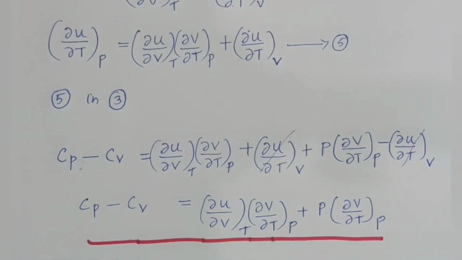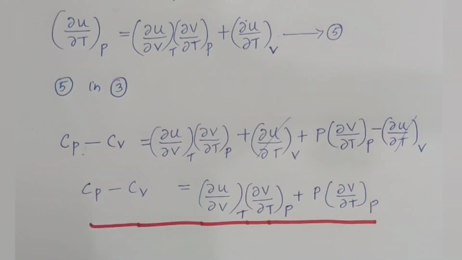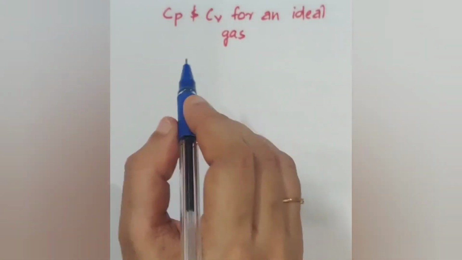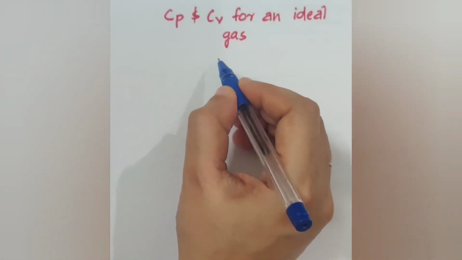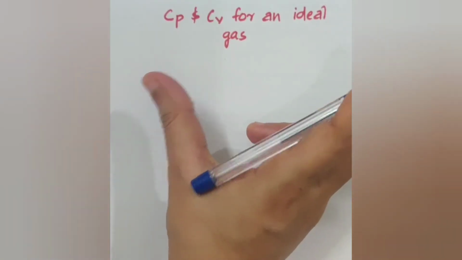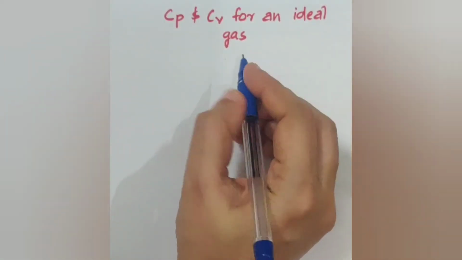Next, we are discussing the relationship between Cp and Cv for an ideal gas. For an ideal gas, the internal energy depends only on the temperature and is independent of volume.